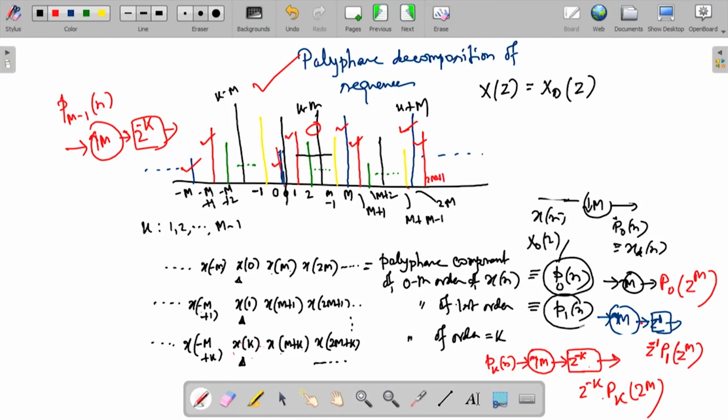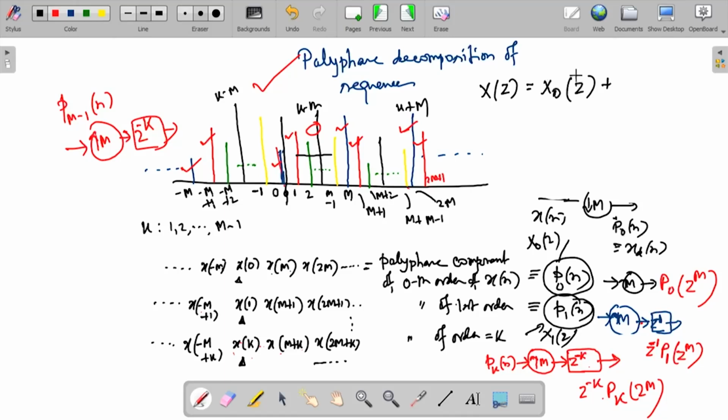Similarly, this I am calling x 1 z in z domain, of course, and so on and so forth. There I kept P just to emphasize the fact that they are called polyphase factors. That is why I use the letter P, but now I have come back to x 0, x 1 notation, because I am starting with sequence x n, Z transform capital X Z. So, let the components be written in terms of capital X 0, capital X. Okay.